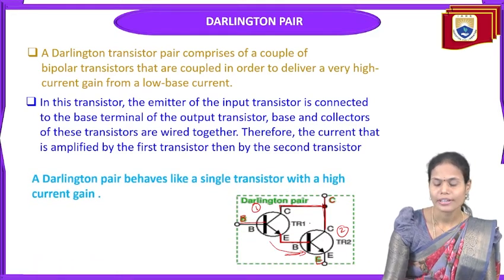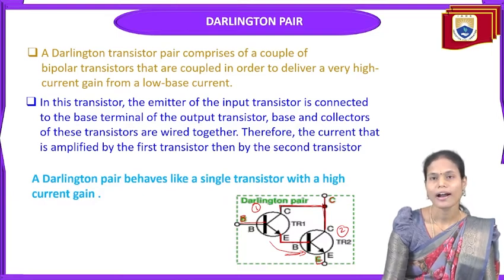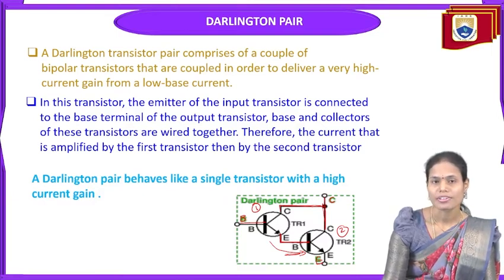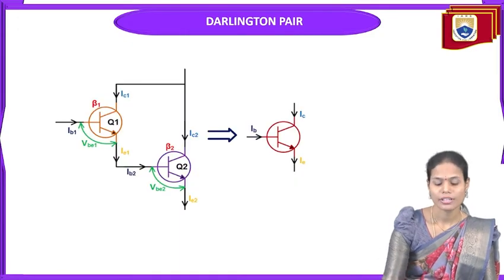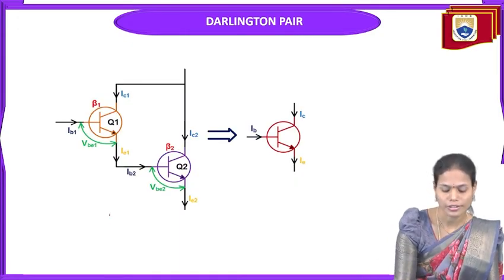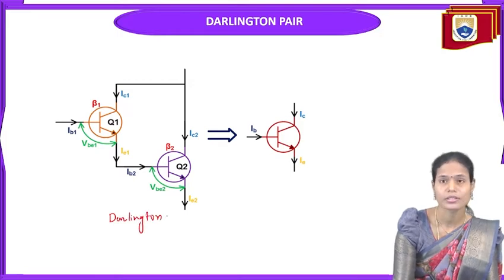So if we interconnect like this, if we tie both the collector terminals together and the emitter terminal of the first stage to the base terminal of the next stage, it becomes a single transistor with very high current gain, that we can represent in this way. This is the Darlington pair, whatever we discussed in the previous slide.